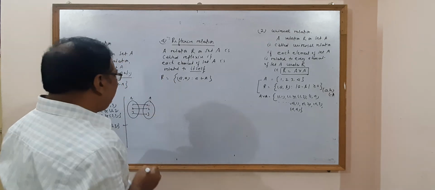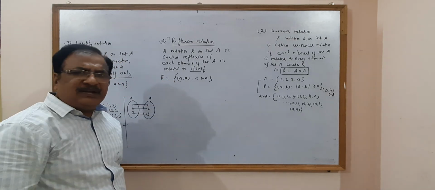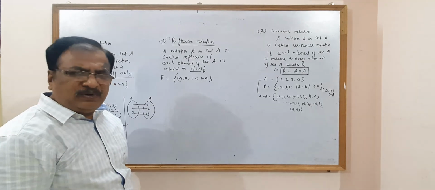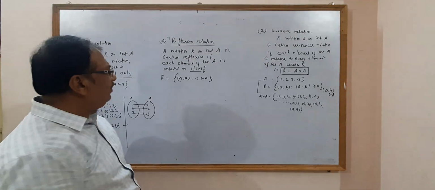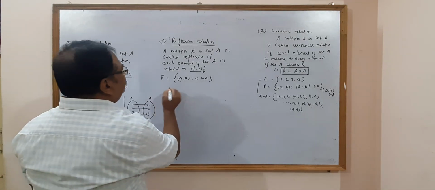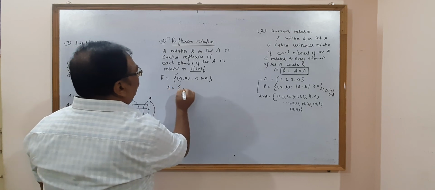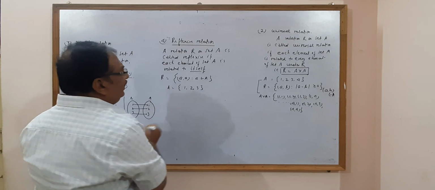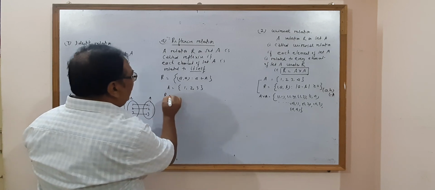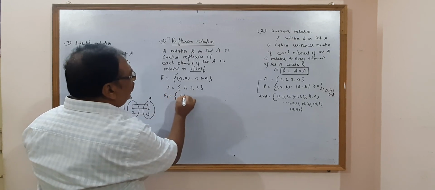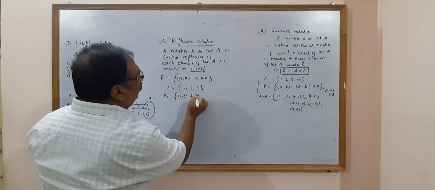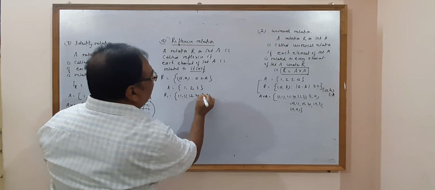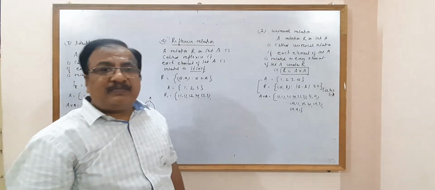This is the reflexive relation. The structure is the same, but there is some difference. Suppose A is equal to {1, 2, 3}. I am taking this example only. Then R1 is a reflexive relation. Why? Because it has (1,1), (2,2), (3,3), which is the minimum of 3 elements.